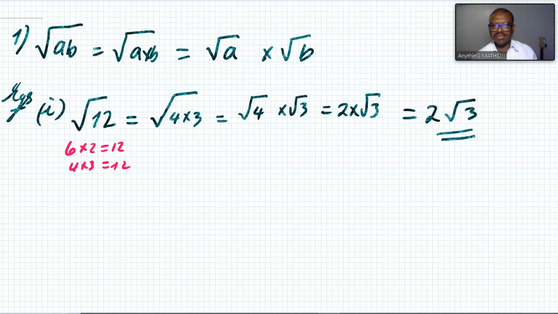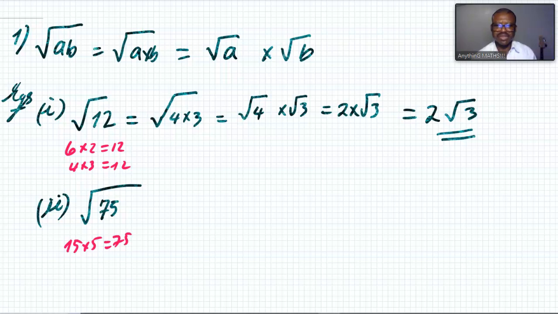The second example: the square root of 75. Now, 15 times 5 will give us 75, and 20 times 3 will also give us 75.